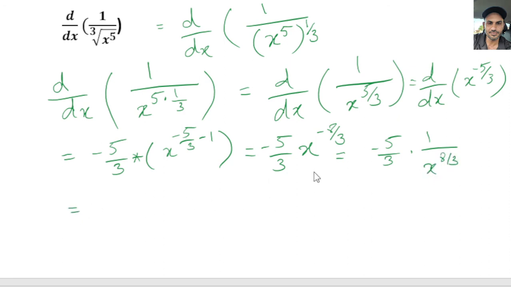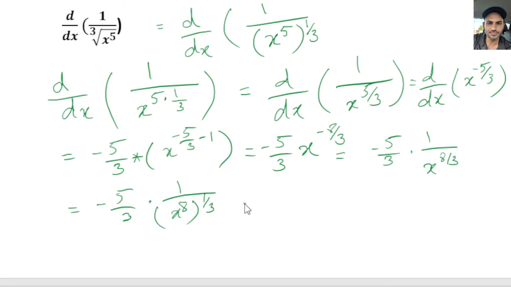And in the next step, I'm going to simplify it further. So negative 5 over 3 times 1 over x to the 8 raised to the 3rd. We can expand it into this form, writing 8/3 as 8 times 1/3.